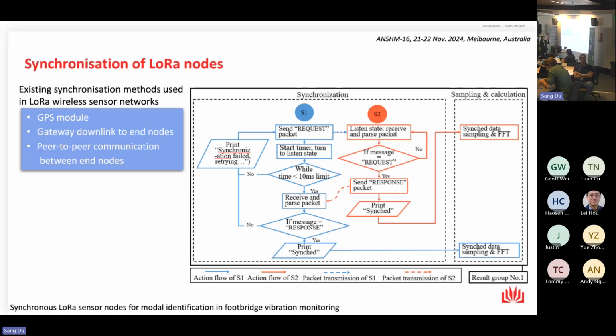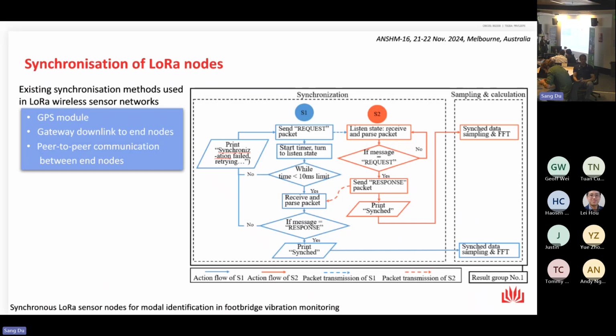The second method is to use the gateway to schedule downlinks to the end nodes to help correct the time offsets and information on the end nodes. This method is not very suited to the design of the LoRaWAN network because downlink from the gateway to the end nodes actually consumes a lot of energy on the node side.